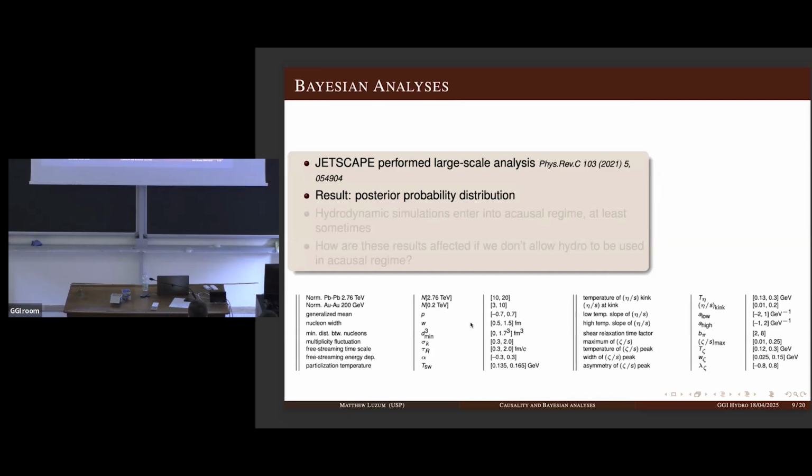I wanted to emphasize that, as Gabrielle said, that's not all of the results, but one of the main results is this posterior probability distribution, which tells you how likely different points in parameter space are, and all the correlations and everything. In this particular case, it's a 17 or 18 dimensional distribution, so it's generally hard to visualize.